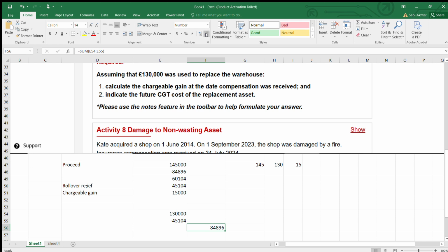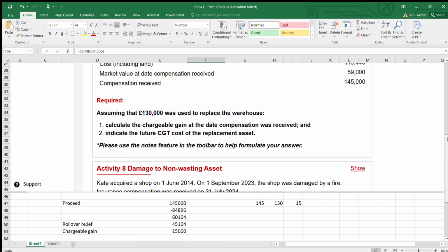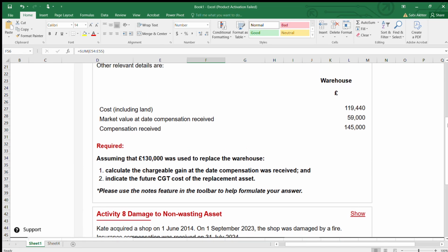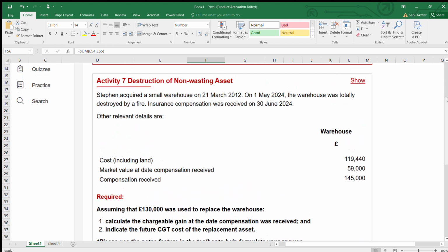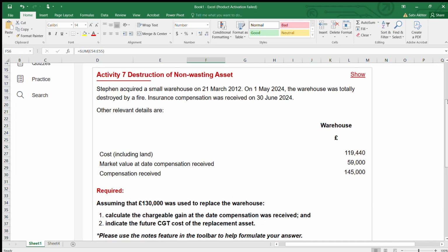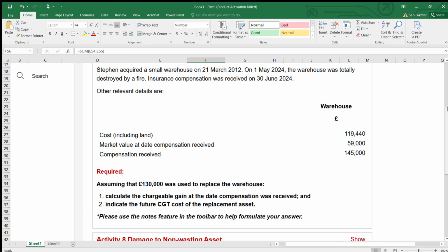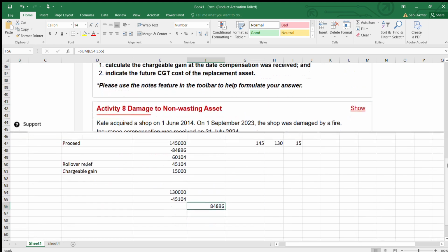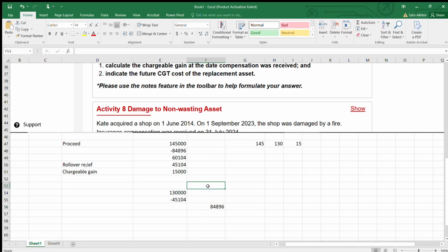Now this is the building cost, but what about the land? See, that cost is including land. So now this is the cost of the building. So if you want to take the cost of the land, it's 119,440.